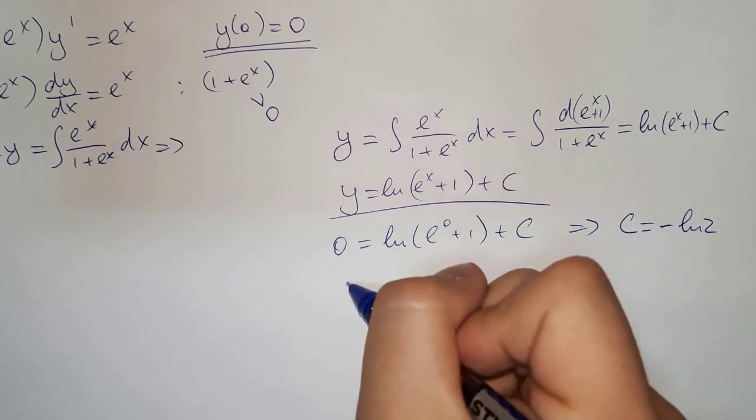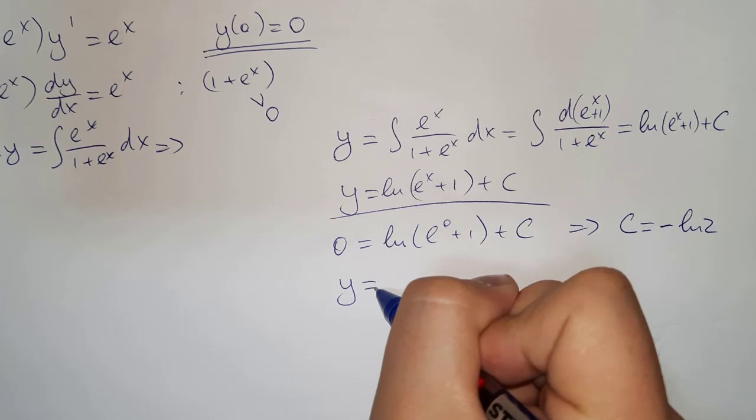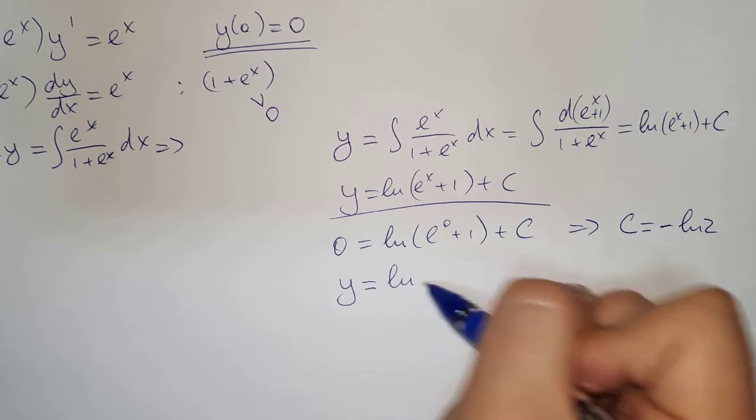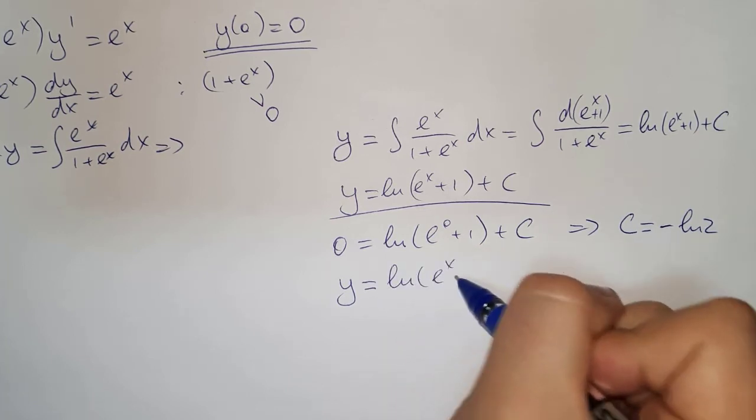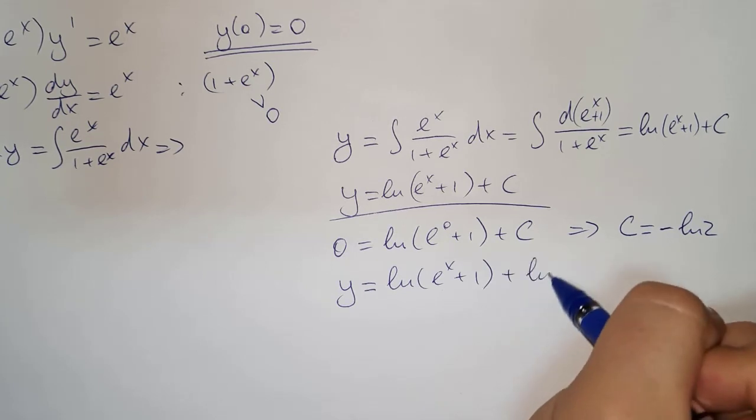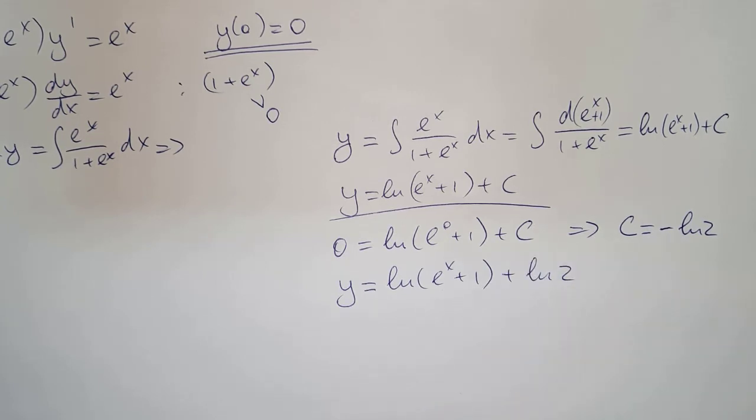Then we can write the particular solution: natural logarithm of e to the power of x plus 1 plus natural logarithm of 2. This is the particular solution.